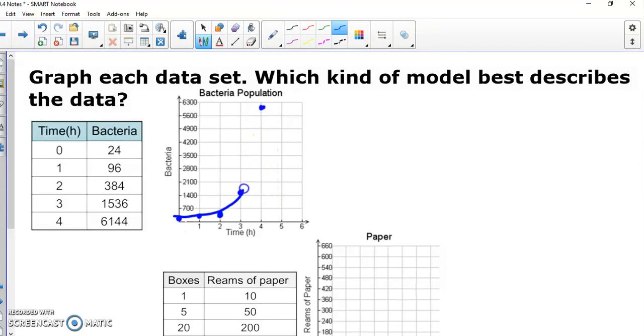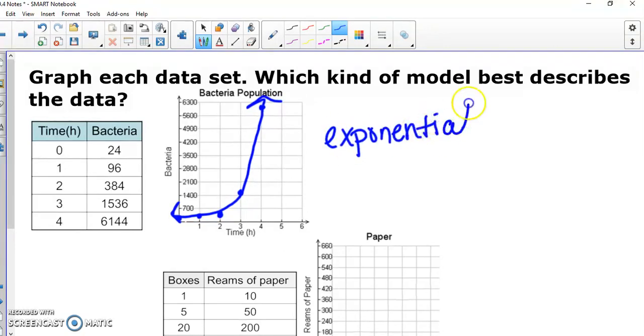Go ahead and connect all those up, and you should hopefully recognize that as an exponential function. The reason we can tell on the table is that each y value is multiplied by the same number. As well, when we graph it, we've got lots of values really close together down here, and then they increase really rapidly as they go up.